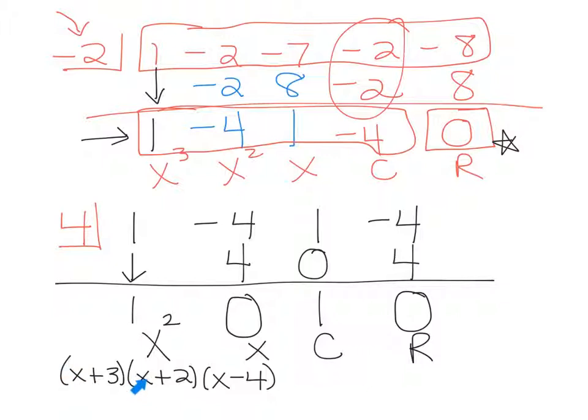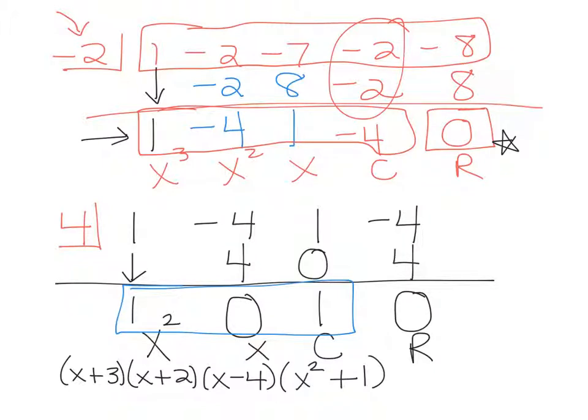Negative 2 was a 0 for this factor right here. And 4 is a 0 for this factor right here. So what does that mean? That means that my leftover factor, my remaining factor, comes from these coefficients, which, when I write that out, would be 1x squared plus 1.